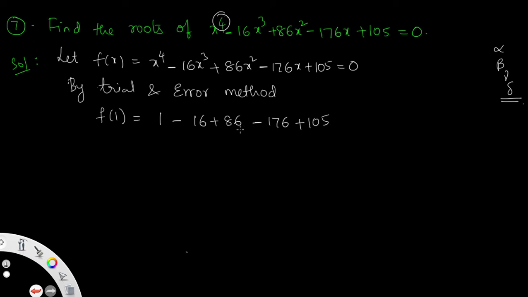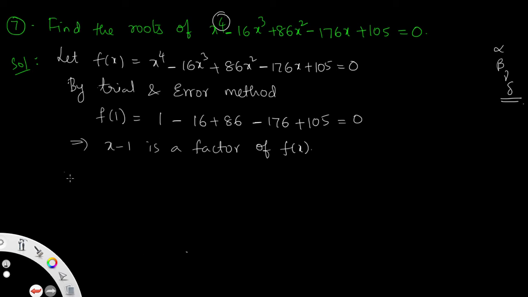Adding 105 plus 86 plus 1, and the negatives 16 and 176, the total becomes 0. Therefore x minus 1 is a factor of f of x.